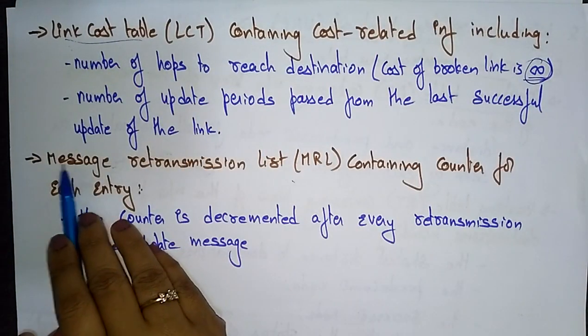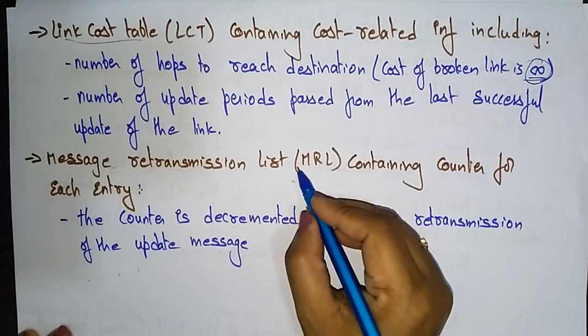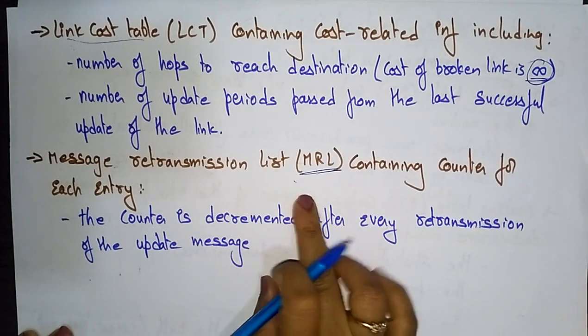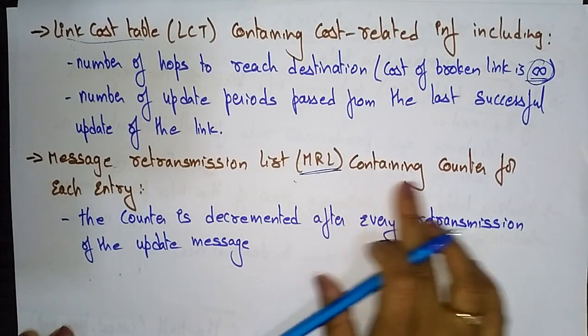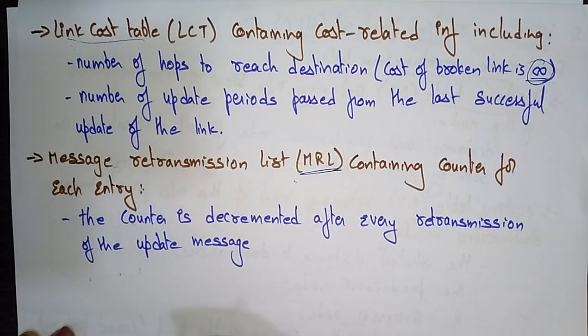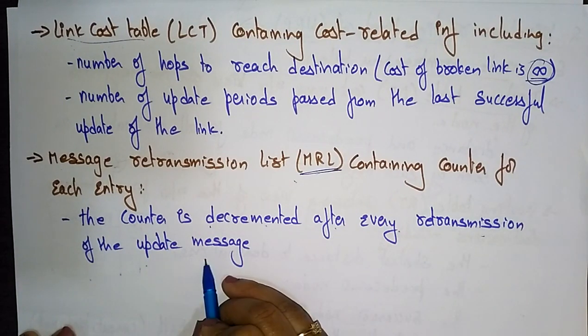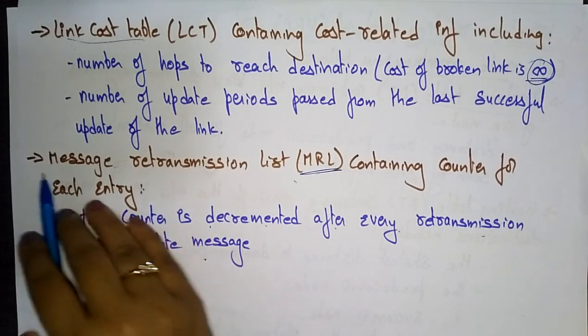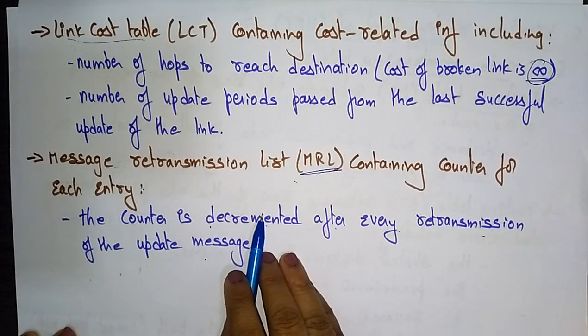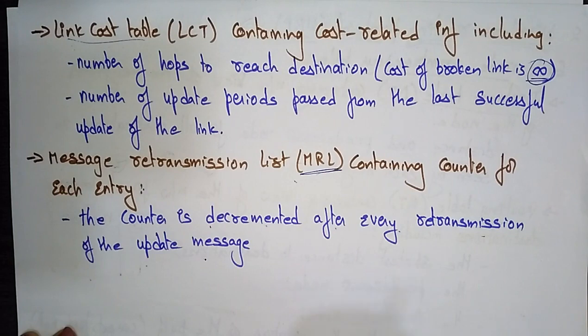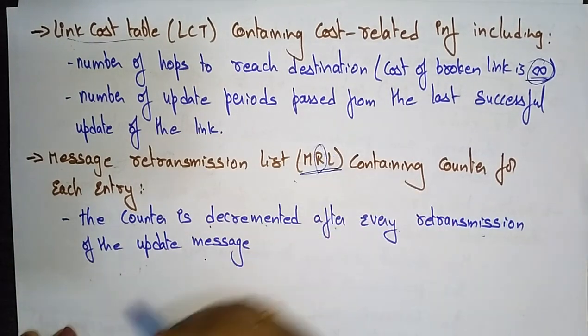Now let's see the next table, the message retransmission list, MRL. The message retransmission list contains a counter for each entry. The counter is decremented after every retransmission of the update message. The name itself says it is a retransmission list.